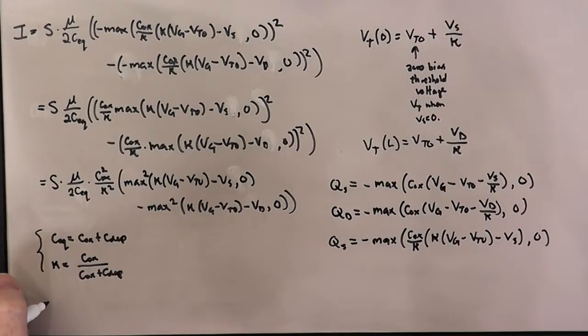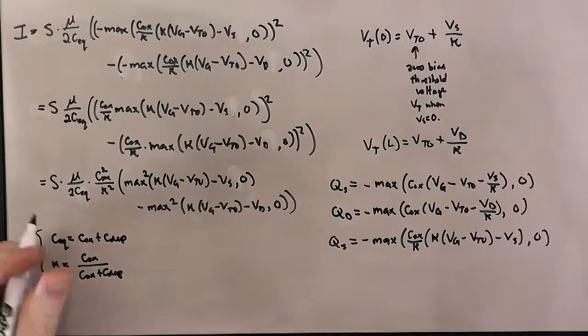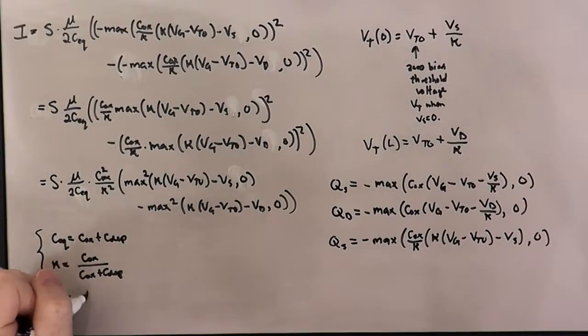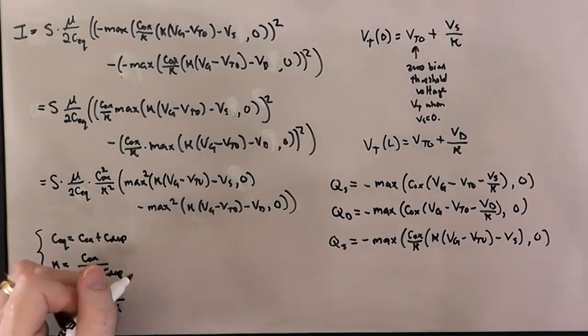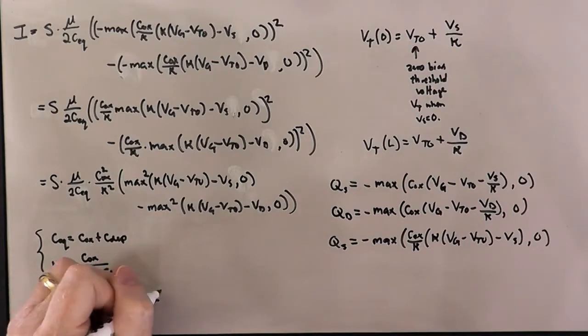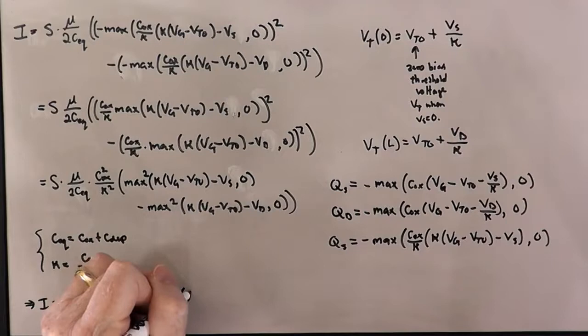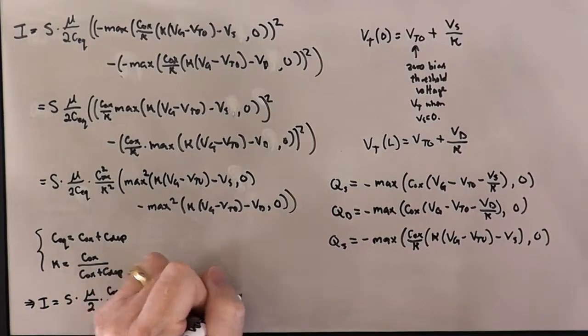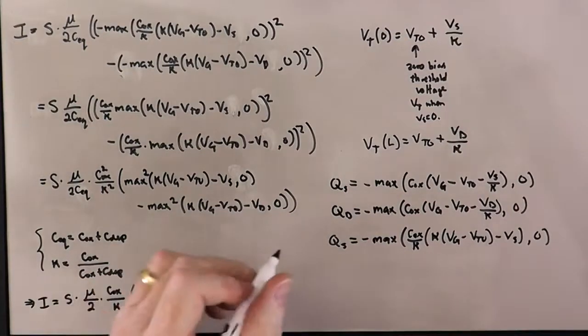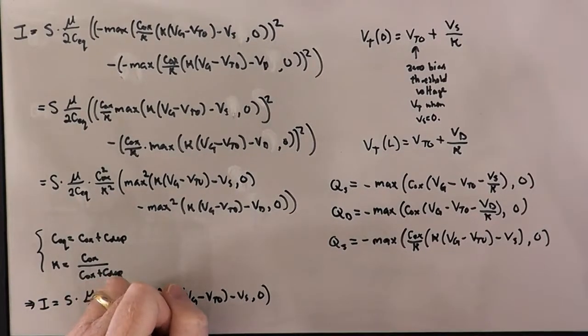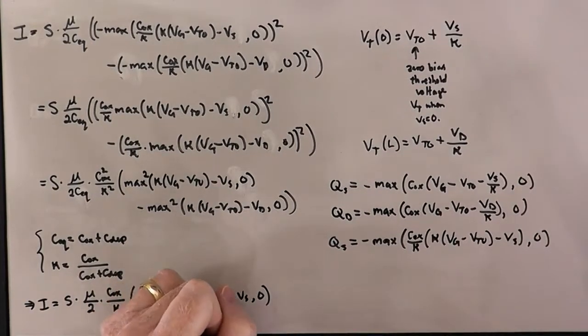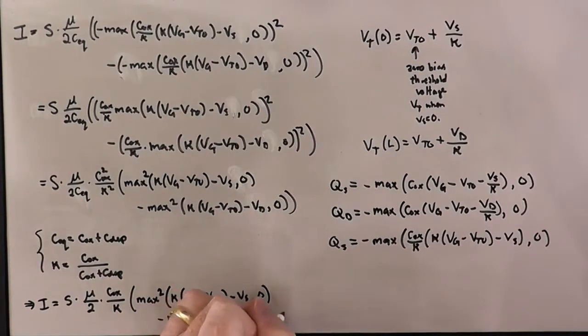And so we can rewrite the current as the strength ratio times mu over 2, times one of the Cox's is left upstairs and one of the kappas is left downstairs, times Cox over kappa, times max squared of kappa Vg minus Vt0 minus Vs, 0, minus max squared of kappa Vg minus Vt0 minus Vd, comma 0.